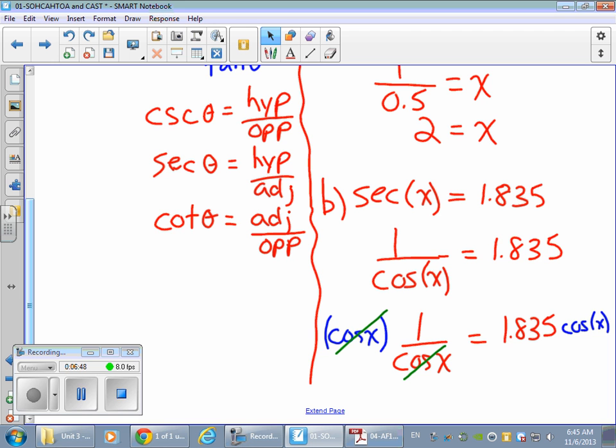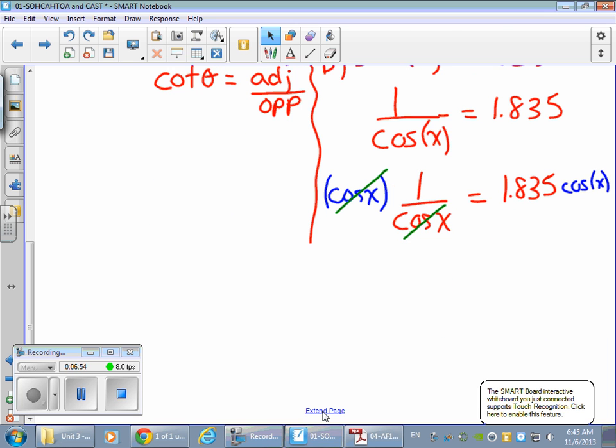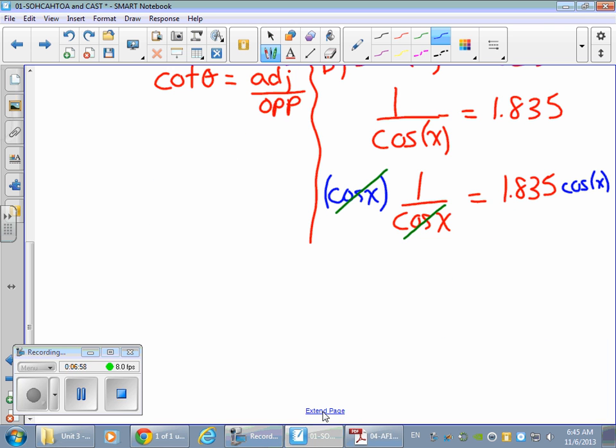Little problem with the smartboard. Okay. And so what I'm left with now is 1 equal to 1.835 times cosine of x. If I had 1 equals 2x, I would divide both sides by 2. So now I'll divide both sides by the 1.835.